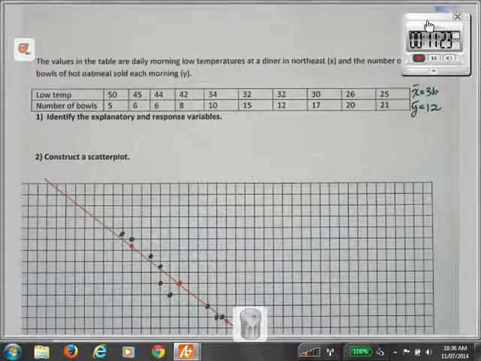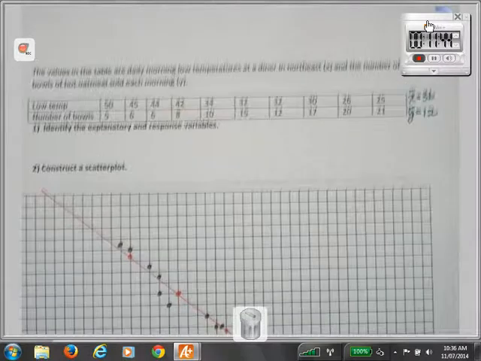Don't pick one that's already there. So picking one in between here, I'm going to pick what happens when it is 33 degrees? That's right in between two of them. Seems reasonable. Okay, we're going to pick 33 degrees.